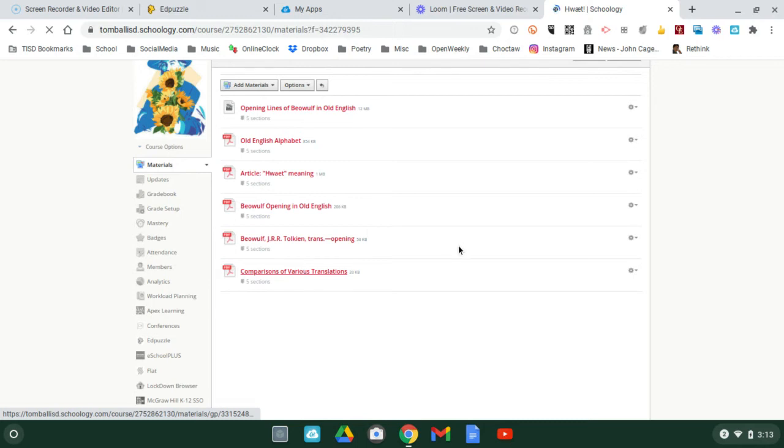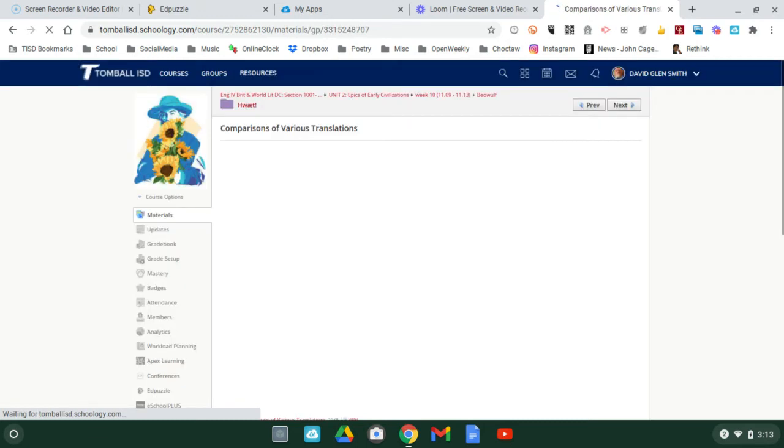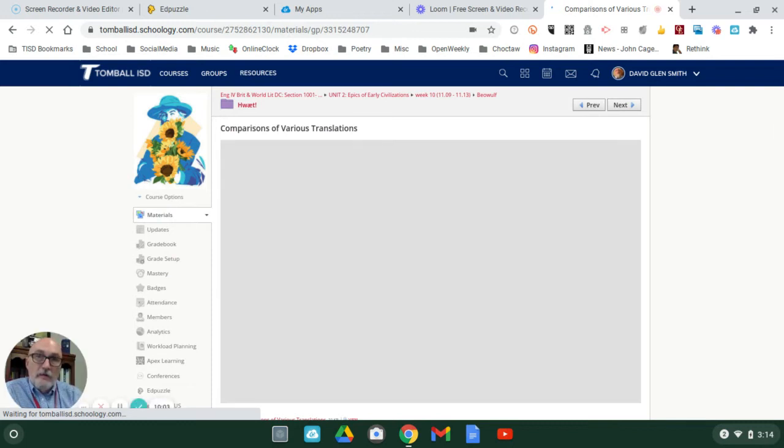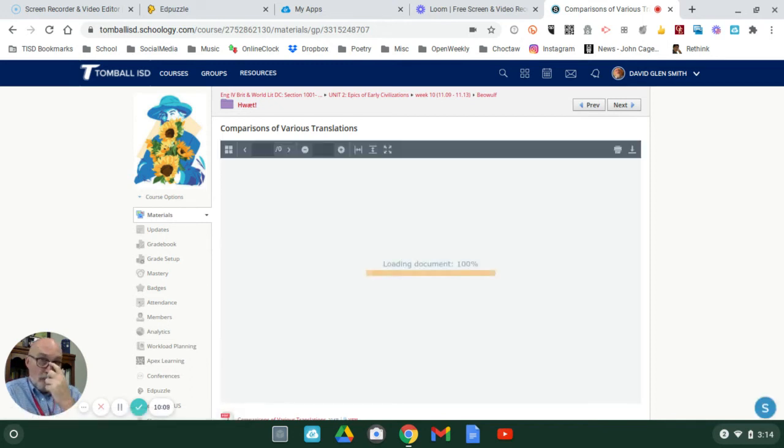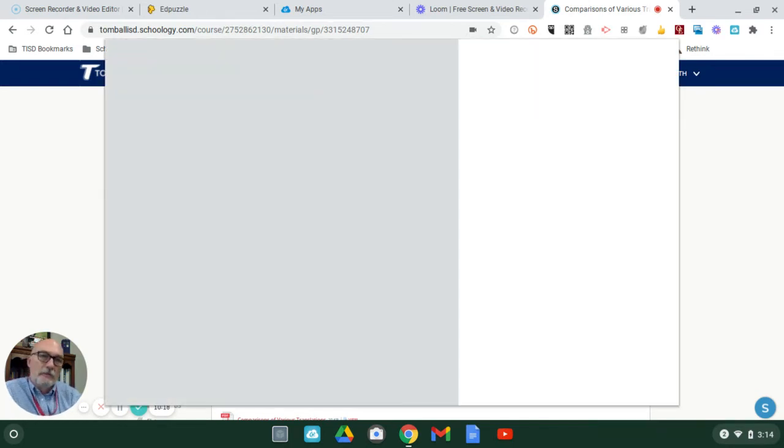This last file that I'm showing you will have four versions of the text. One will be the original Old English, and the other three are different interpretations. Again, we pause dramatically for the file to open.